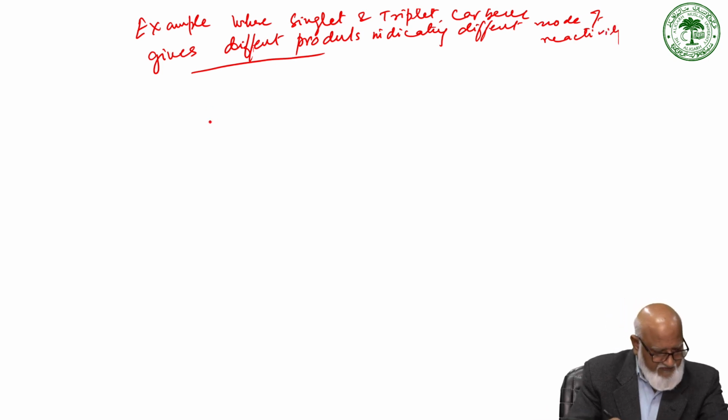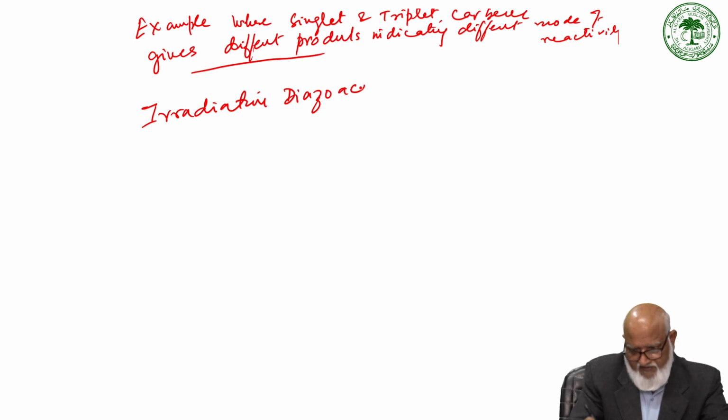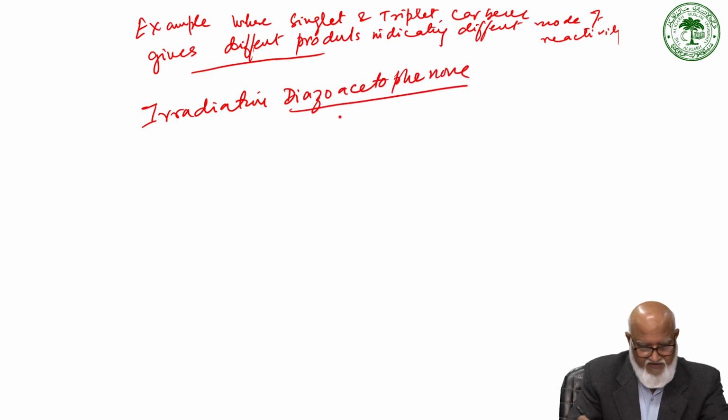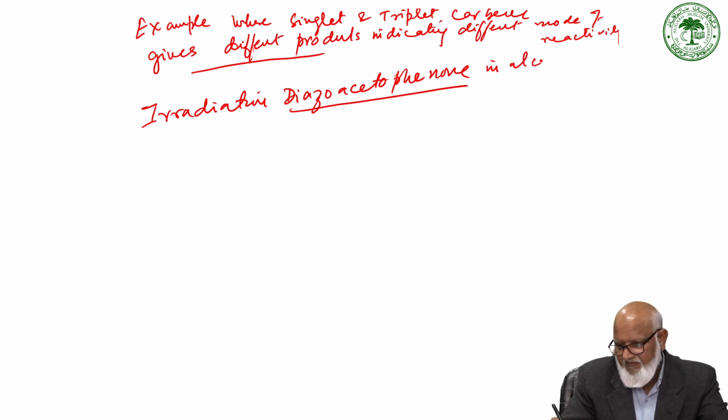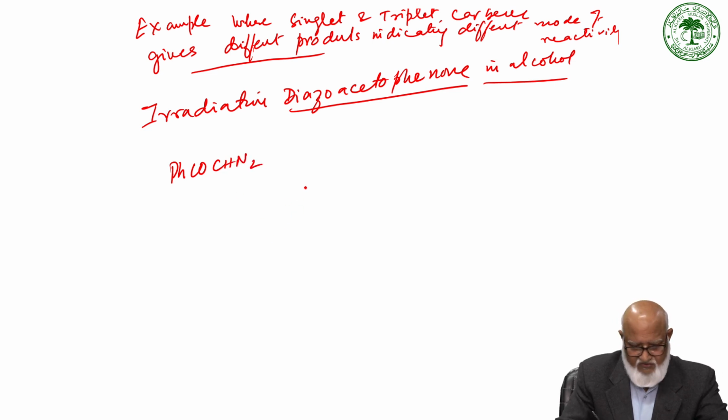So here, what has been found is that irradiation of diazoacetophenone in alcohol gives two different products. If we have PhCOCHN2, this is diazoacetophenone.